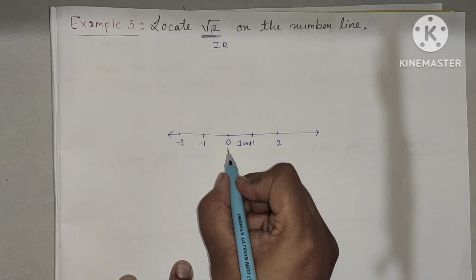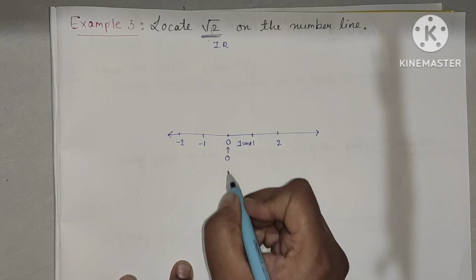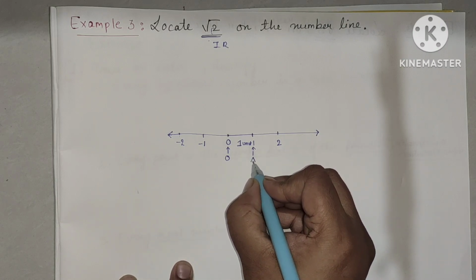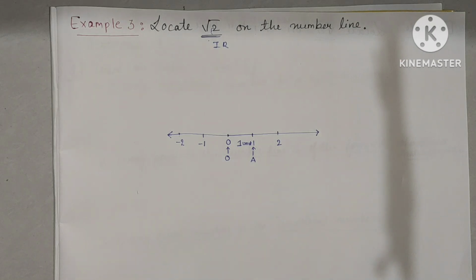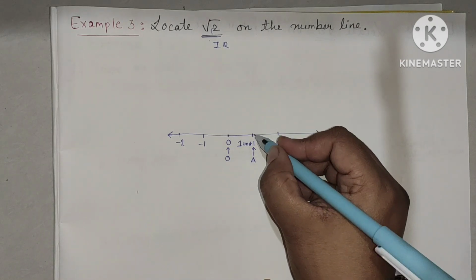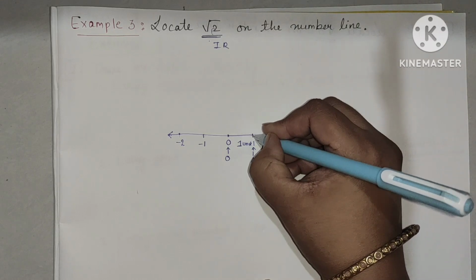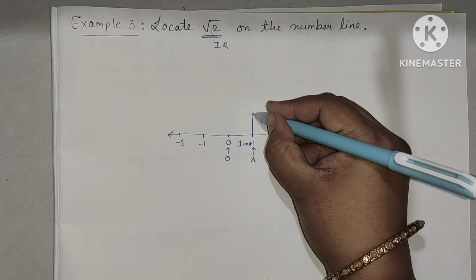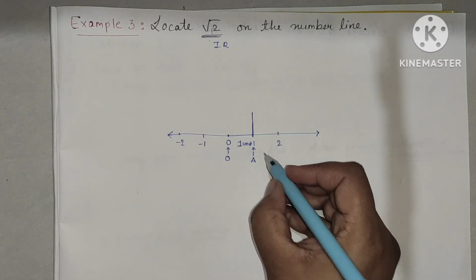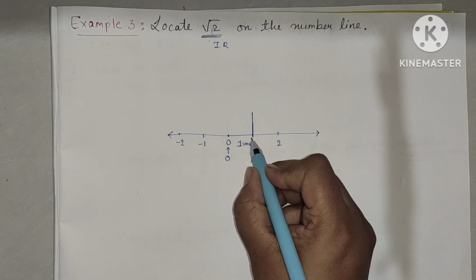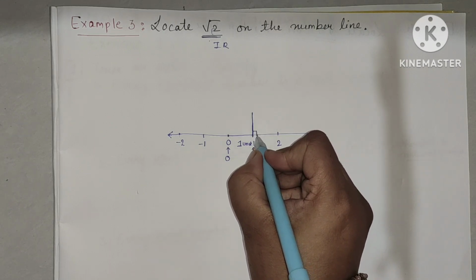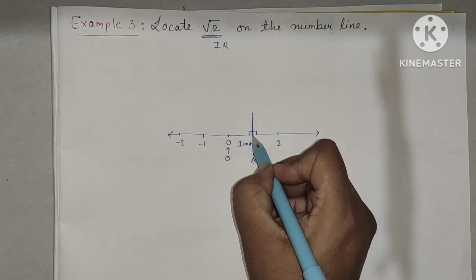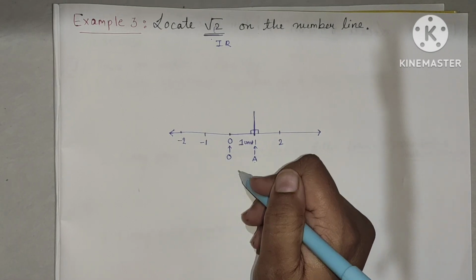Now I am marking this point as 0 and number 1 as A. Now draw a line of the same 1 unit, perpendicular to point A on the number line. Perpendicular means the line is making a 90-degree angle with the number line.